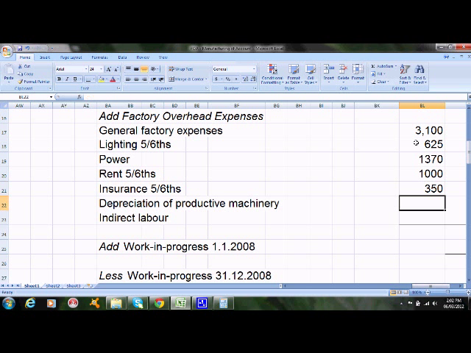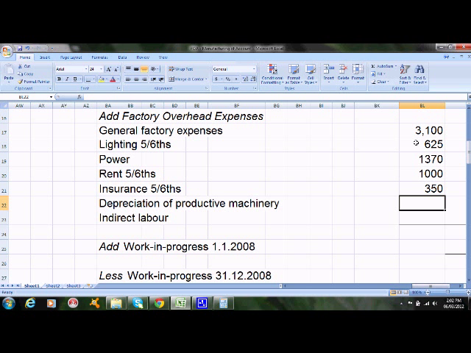We give you 350. Now we look at the depreciation of productive machinery, which is 2,800, right? Depreciation of productive and accounting machinery at 10% per annum on cost. So 10% of 28,000 is 2,800, right? Yes.